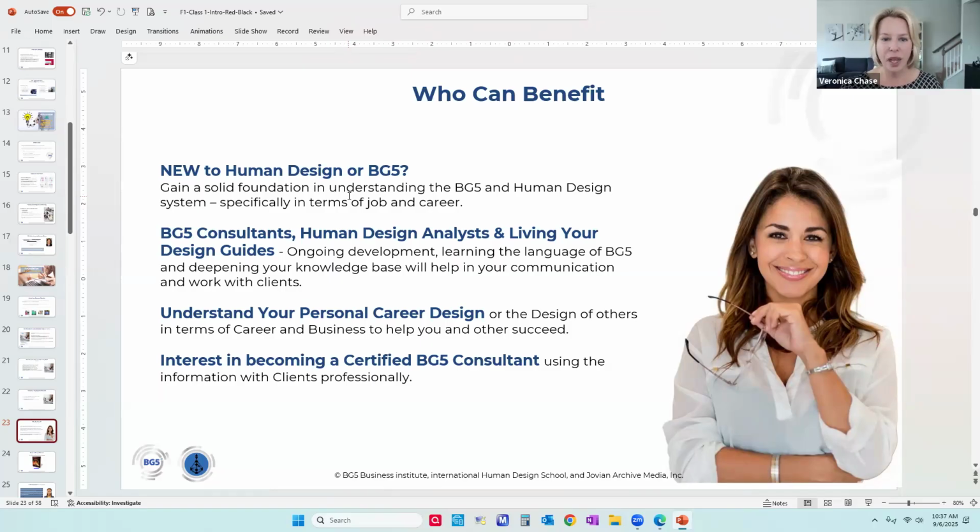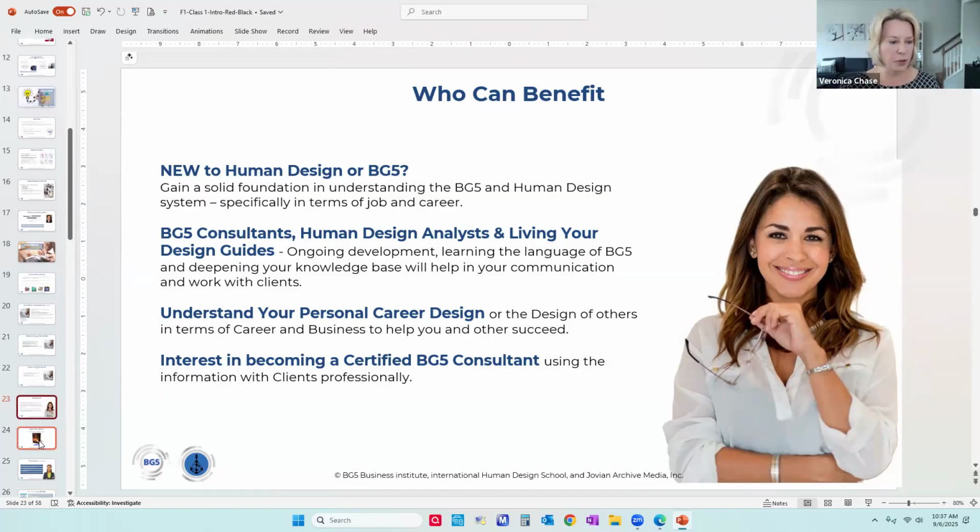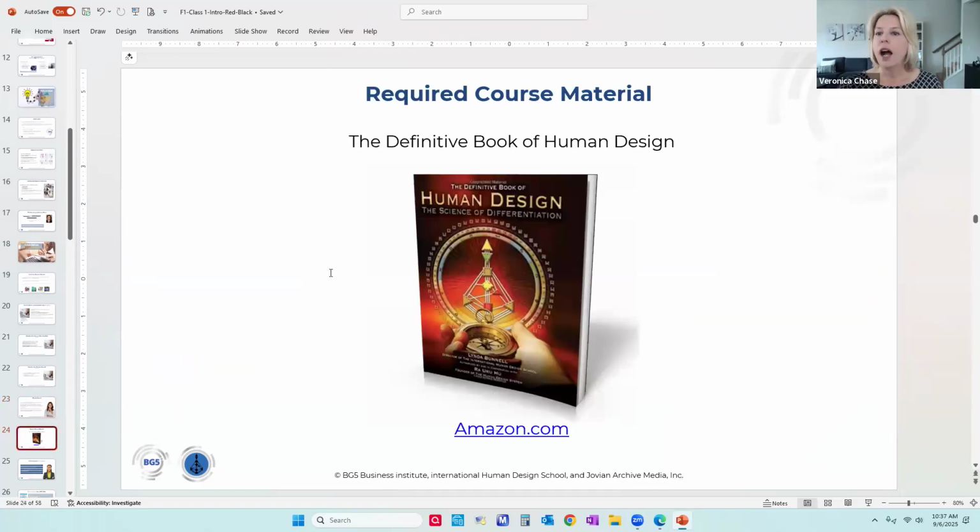It's not about figuring it out right now, right? Let that come to you. Let your decision-making strategy guide you. It's for those who definitely want to go on and do this work with clients, again, getting into your design and ultimately pursuing certification.